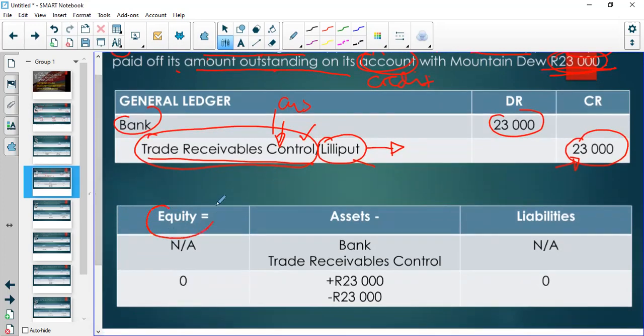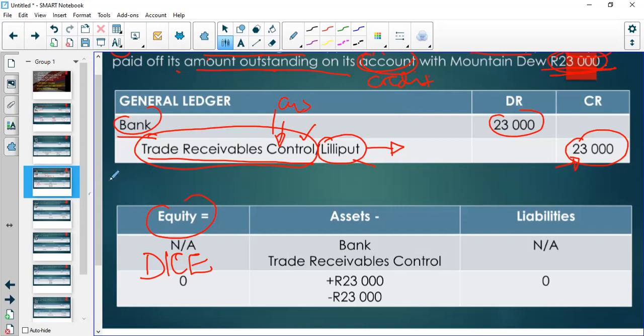There's no effect on equity because this transaction does not affect drawings, income, capital, or expenditure. So you might think that this is income, that we received 23,000, but the income is recorded when we actually do the sale.